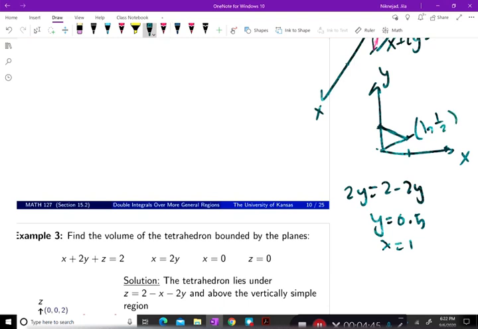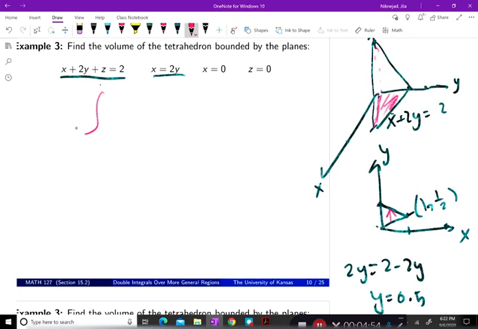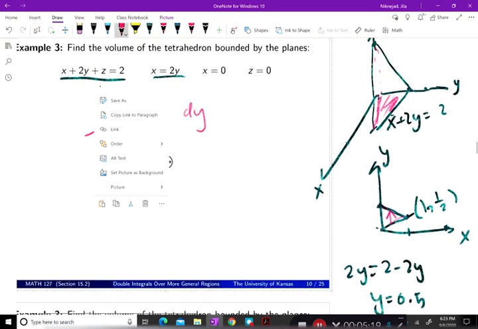Now, which direction is it a simple region? This direction. So we're solving for y in this case, because here is y equal to, and here is y equal to, and we're in the direction of y. The lower one is y equal to x over 2.